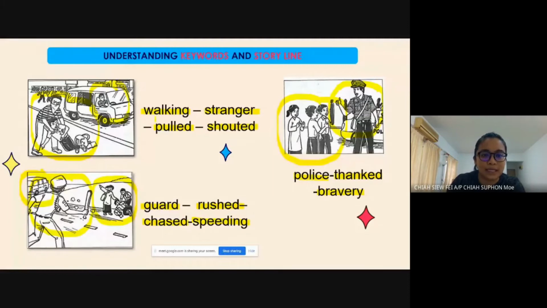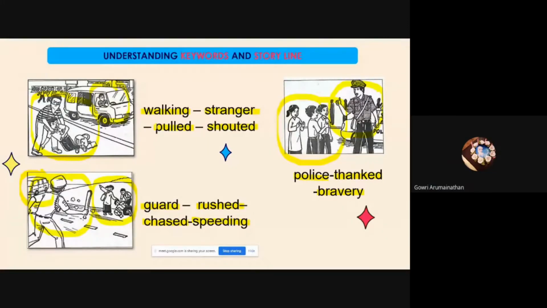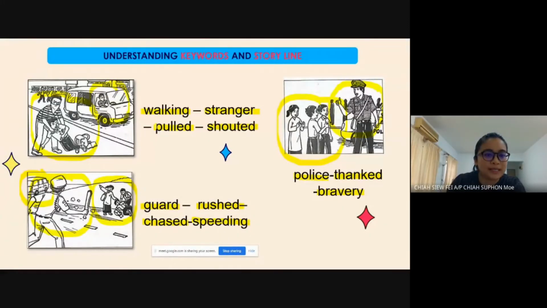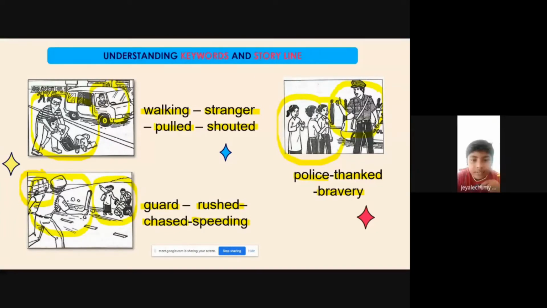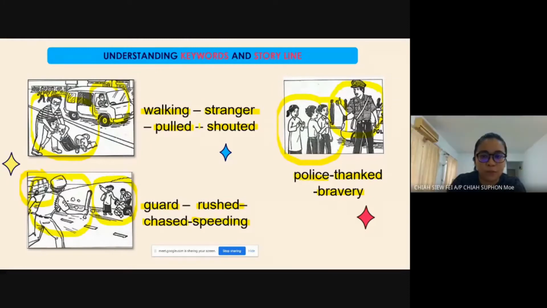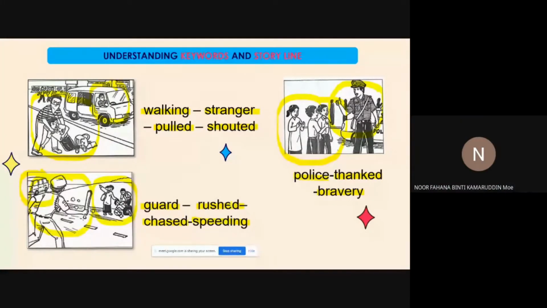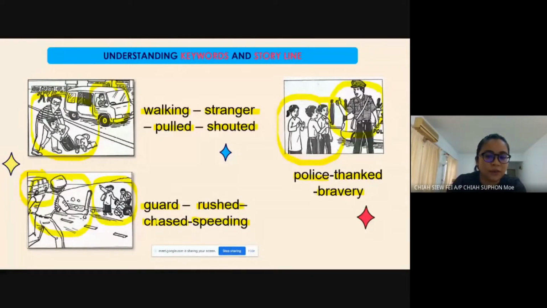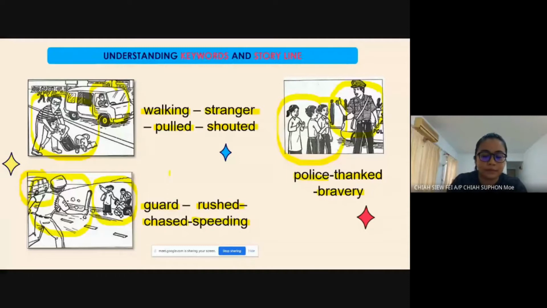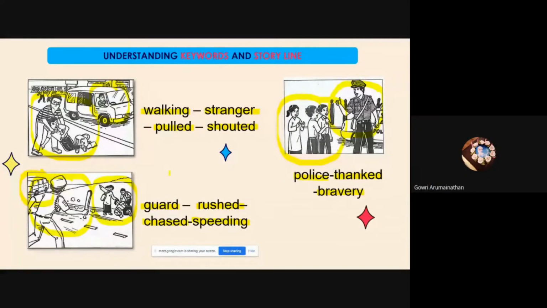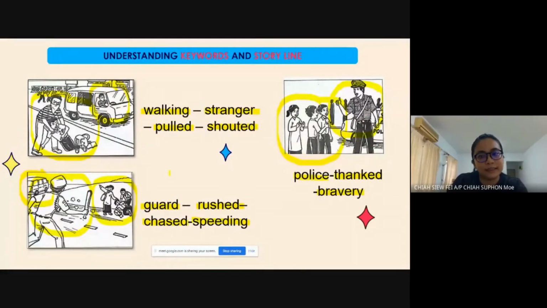Past. Past tense. What are some of the verbs? We have flew, we have shouted, we have rushed. All the verbs end in ed, isn't it? So that tells us that the story is in what tense?